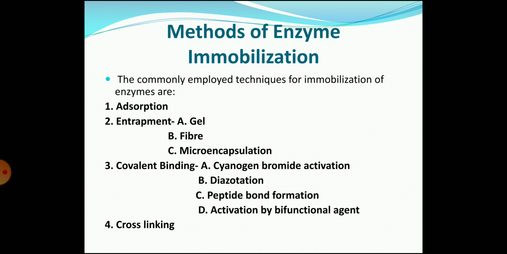Entrapment is done in gel, fiber and microencapsulation. Third one is covalent binding, which can be done by using cyanogen bromide activation, diazotization, peptide bond formation and activation by functional agents. And fourth one is cross linking.